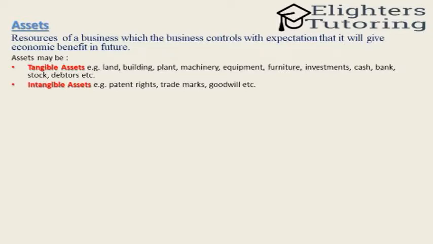We have intangible assets. These are assets that cannot be seen. They are like patent rights, trademarks, goodwill. That is all about assets. We will talk about assets in most dimensions of doing accounting work.